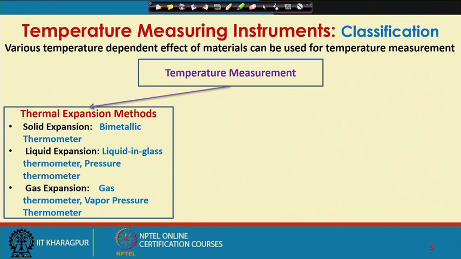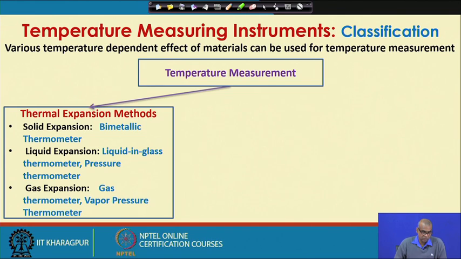The first one that we talk about is thermal expansion methods. So, the property that will be used here is how a material undergoes change in dimension when there is a change in temperature.